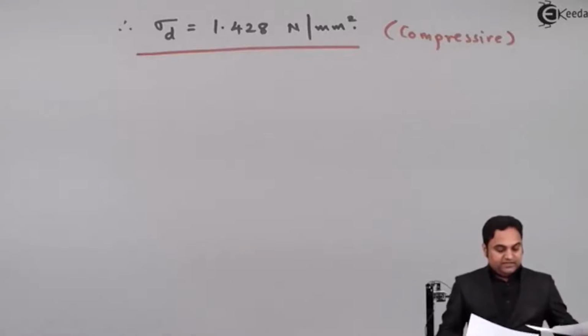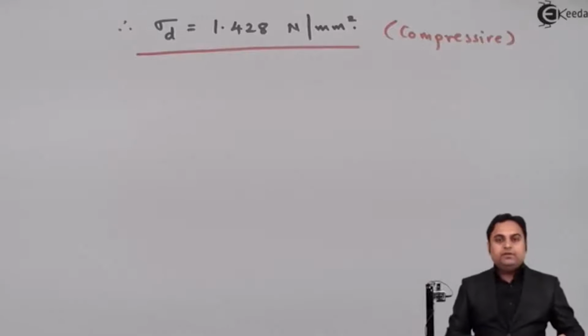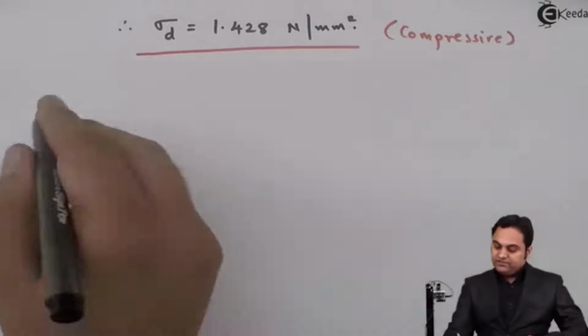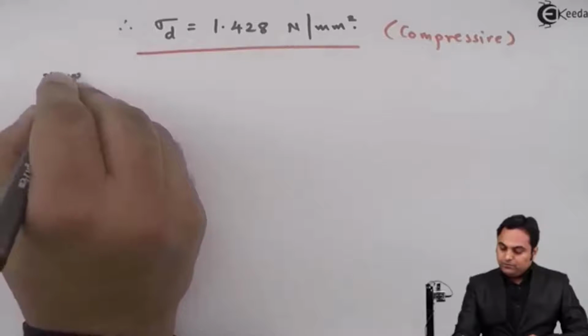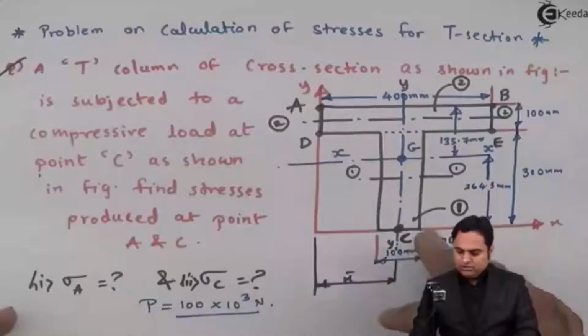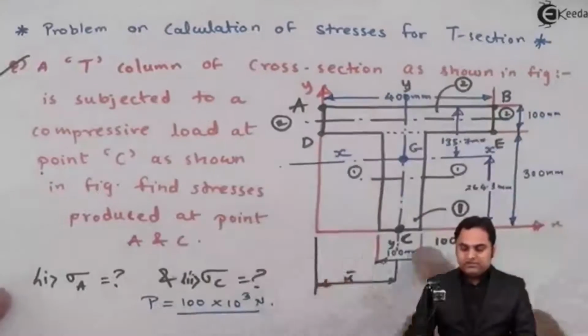After getting the value of direct stress, the next thing would be to calculate the bending stress. And in order to calculate the bending stress, we should know the MI, that is moment of inertia, about the x-axis for the complete section.